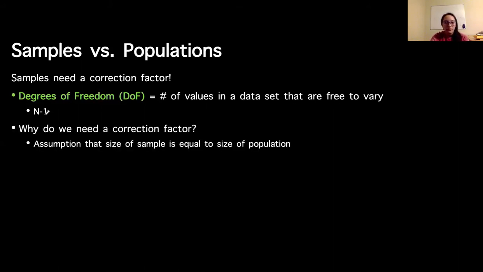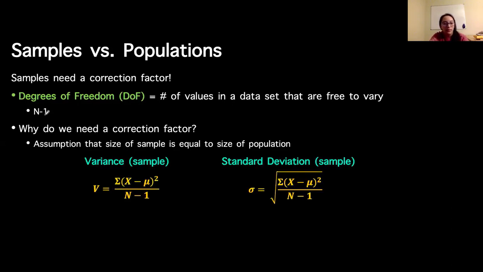But we need the correction factor because sample size is not always equal to the size of the population, right? So you can see we can take pretty much the same calculation that we started with for the variance and standard deviation, and instead of n, we put n-1.